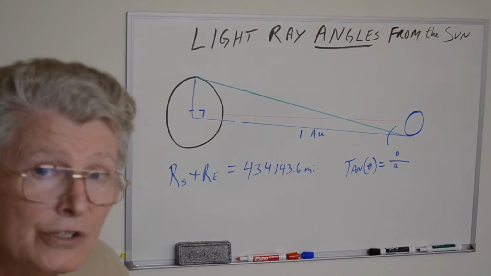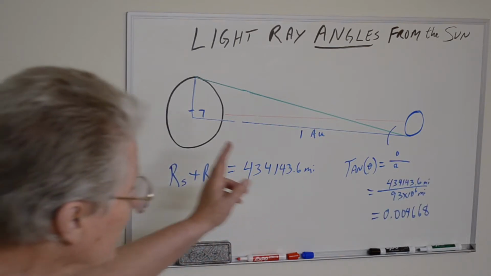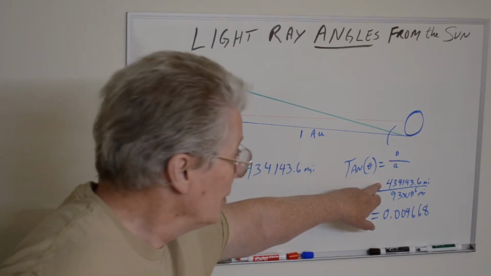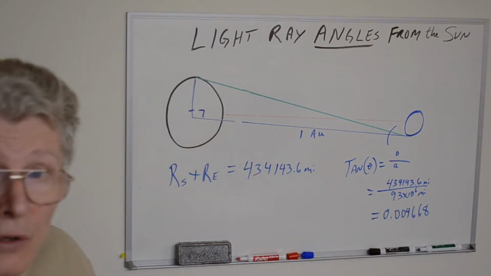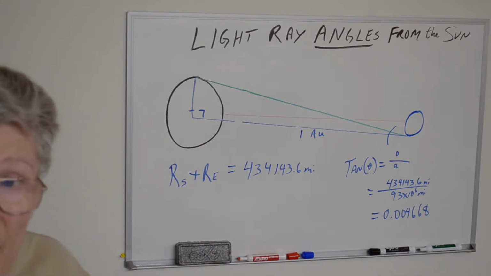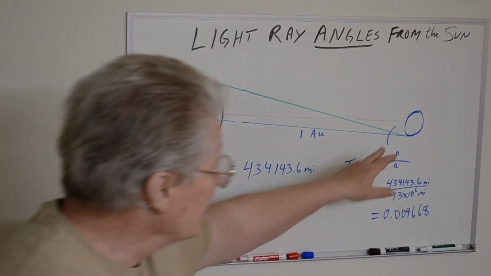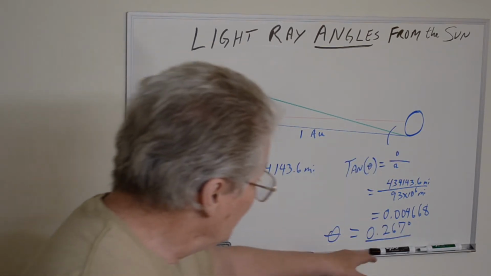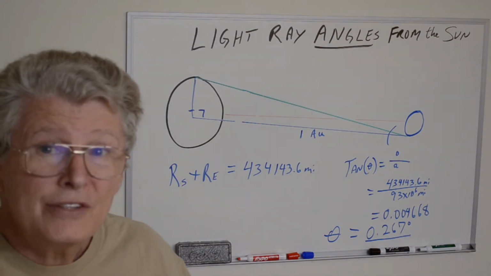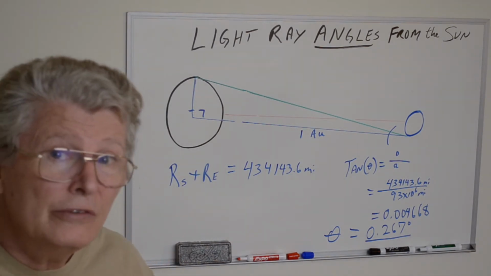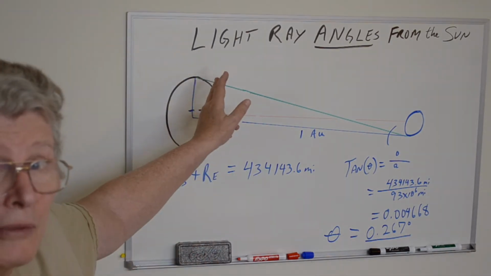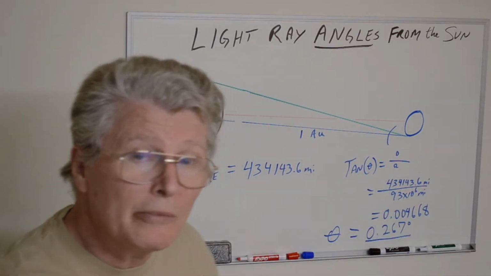So we have the radius of the sun plus the radius of the earth divided by the 1 AU, and that gives us 0.004668 for the tangent of this angle theta. And that brings us to 0.267 degrees. So that's how far off from 90 degrees the angle is for a light ray coming from the top of the sun down to the bottom of the earth.